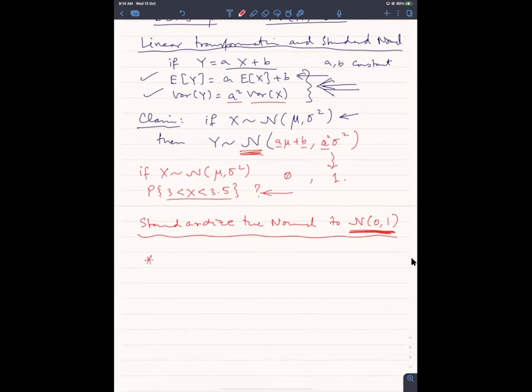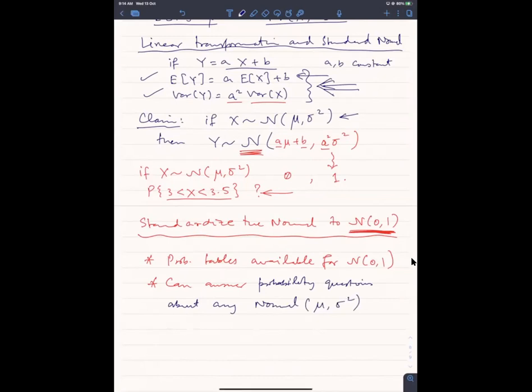Okay, so probability tables available for normal 0, 1 can answer probability questions about any normal with mean mu and variance sigma square by using a transformation method here.